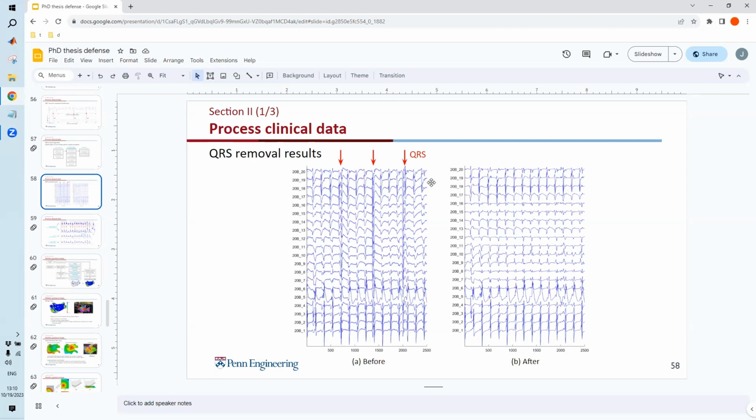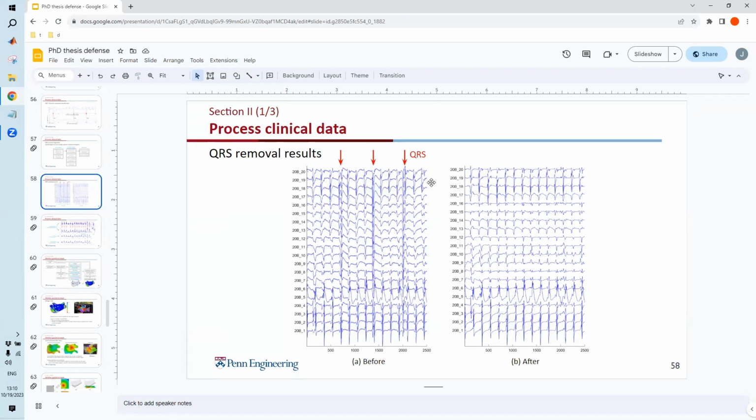If the physician uses bipolar, the QRS may become less strong, but it might still be there, and that becomes even more difficult to remove, because if its magnitude is roughly the same as the endocardium magnitude, then it's even more difficult. That's why we chose to develop the algorithm on the unipolar electrogram, so that the interference stands out more. Okay, thank you.